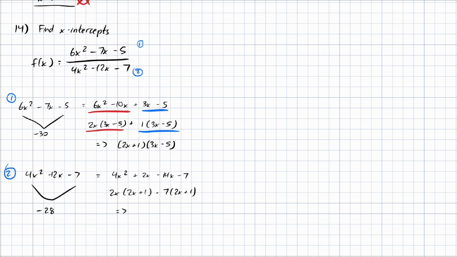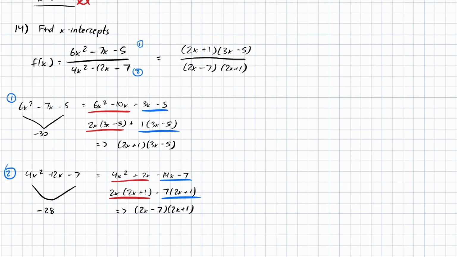This becomes 2x minus 7 times 2x plus 1. I'm going to underline the pairs for clarity. And now we have our new and improved function: 2x plus 1 times 3x minus 5, over 2x minus 7 times 2x plus 1.